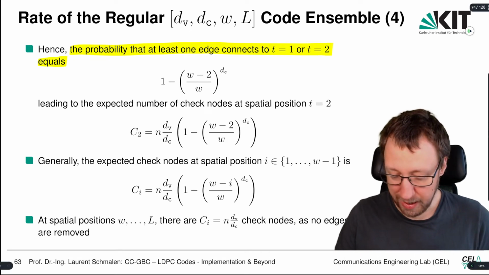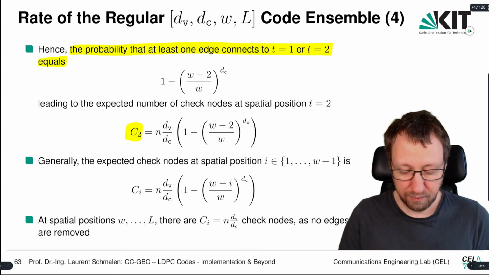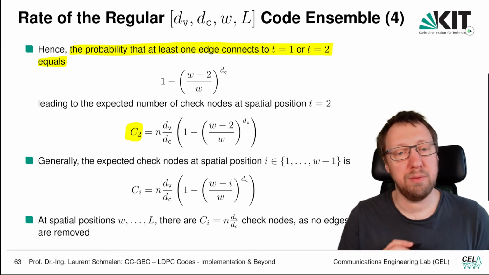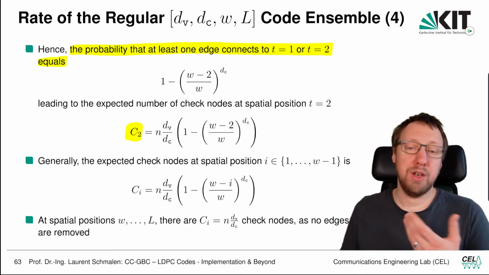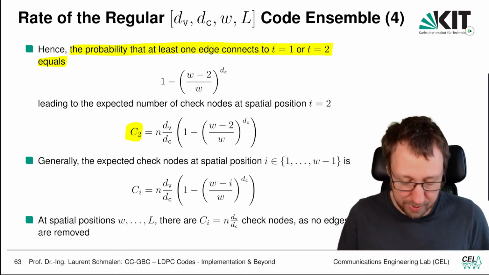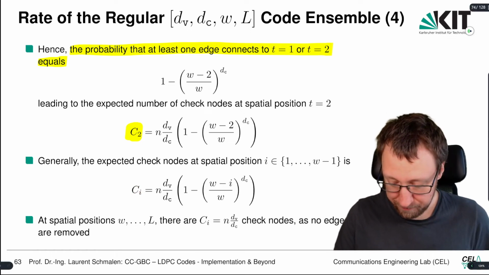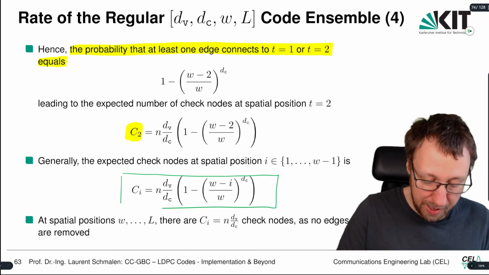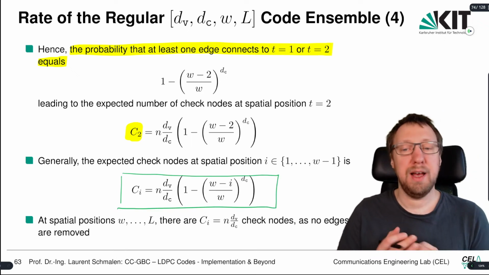Again, we get C2. That's the expected number of check nodes at this spatial position. And then we can generalize this for spatial positions from 1 to w minus 1. That is Ci. Ci is the expected number of check nodes at spatial position i.